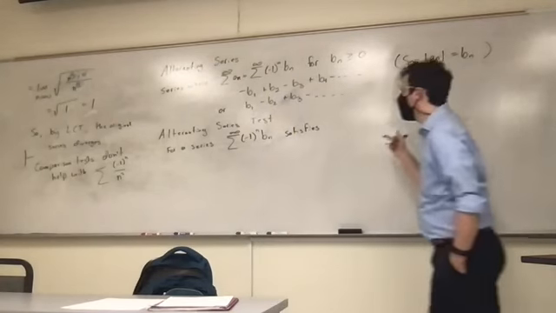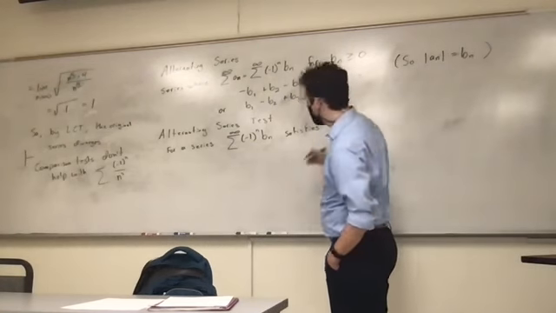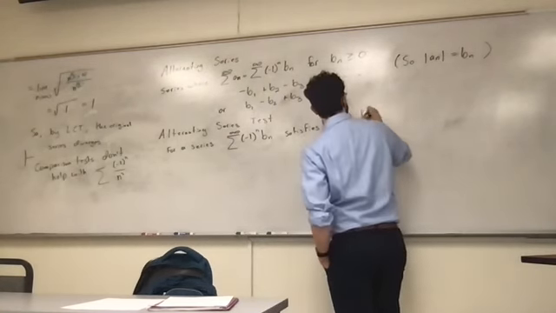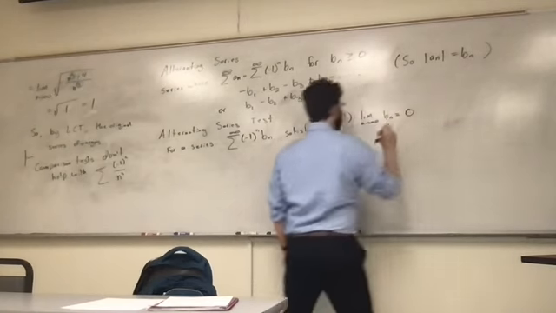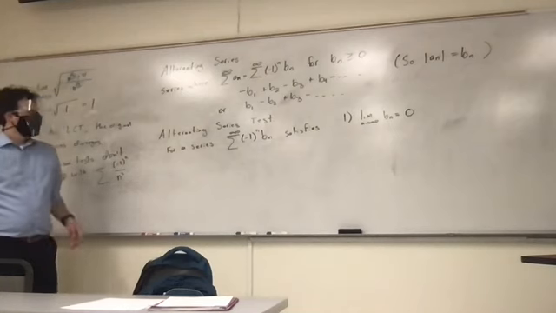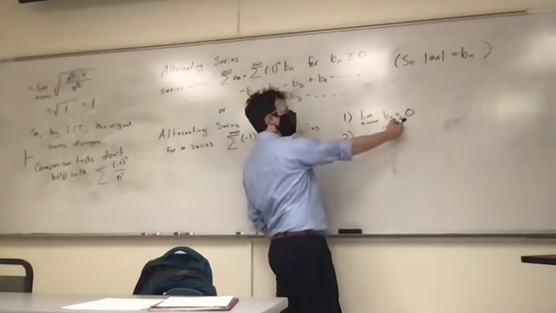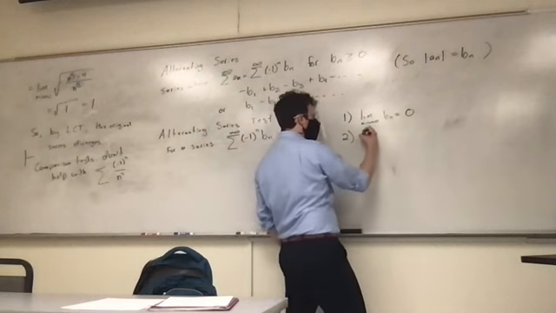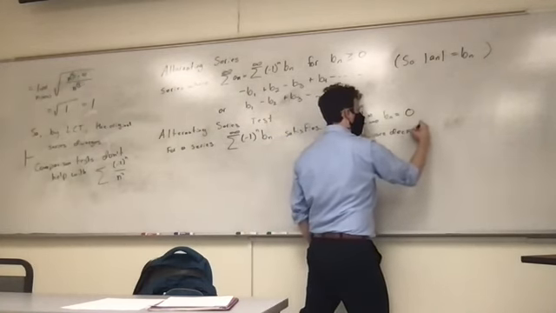If this has two properties: first, the limit of the b's is 0. Second, not only are the b's going to 0, but the b_n are decreasing.